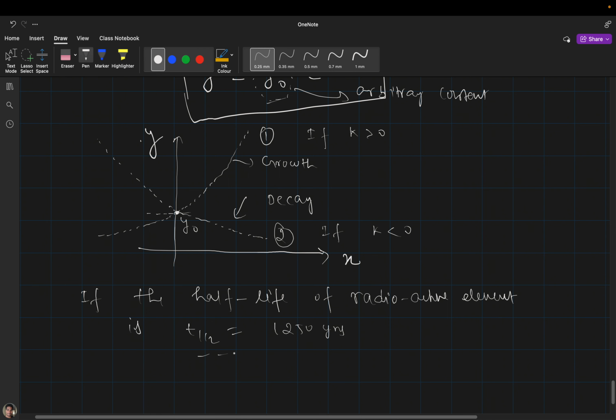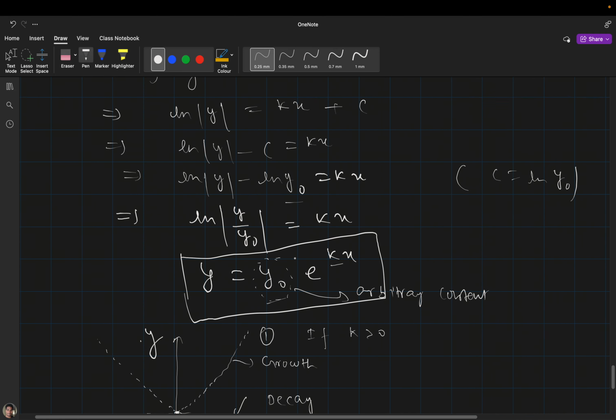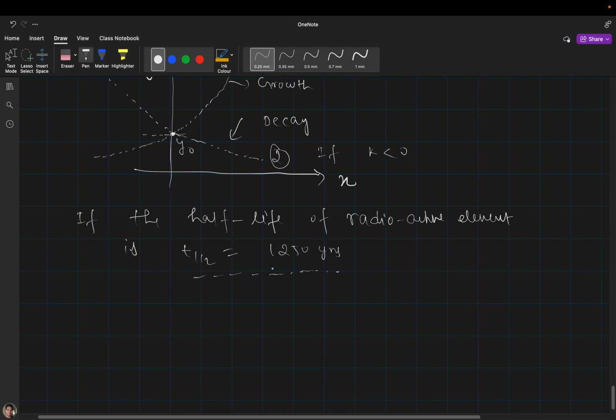Now you have a boundary condition. If someone asks to find an equation of radioactive decay such that its half life is 1250 years.